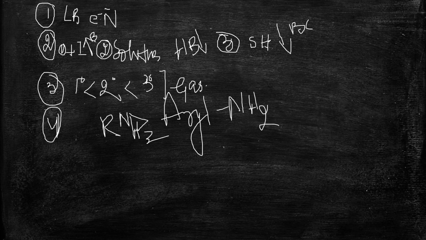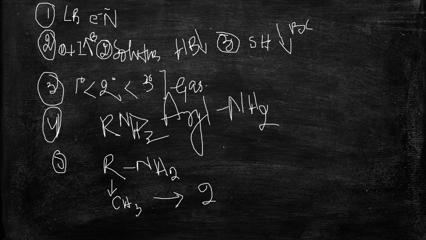Fine. After this, we studied the basicity order of alkyl amines. If this R group is replaced by CH3, that is methyl group, the order comes out to be 2 1 3, that is secondary, primary, tertiary, and if it is replaced by C2H5, the order comes out to be 2 3 1, that is secondary, tertiary, primary.